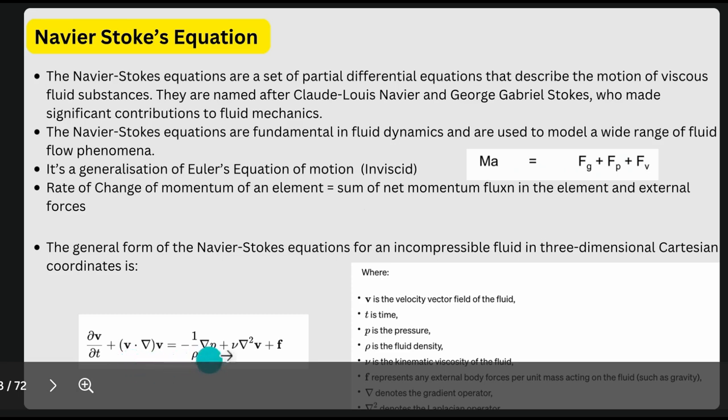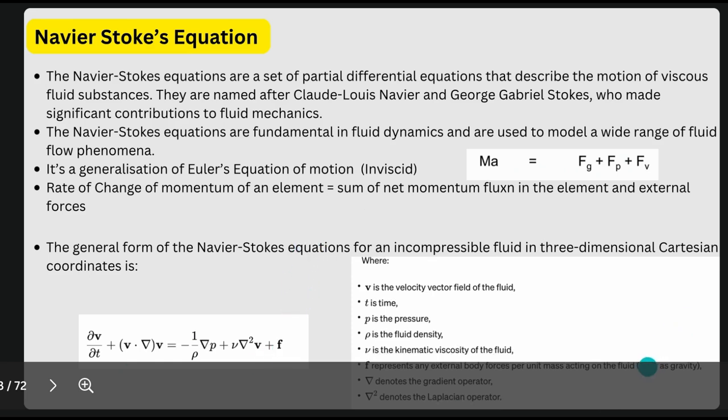F represents the external body forces per unit mass acting on the fluid, like gravity. This denotes the gradient operator, and this delta square expresses the Laplacian operator.